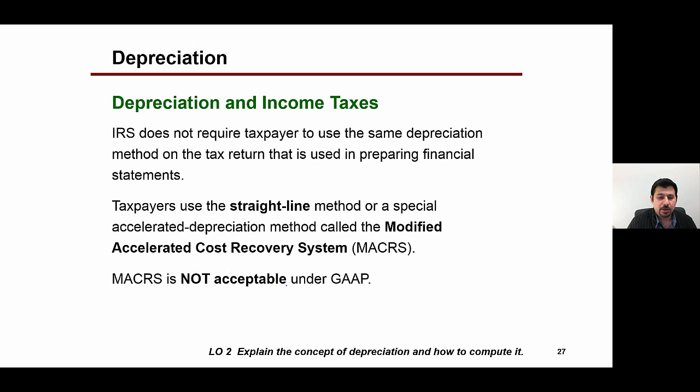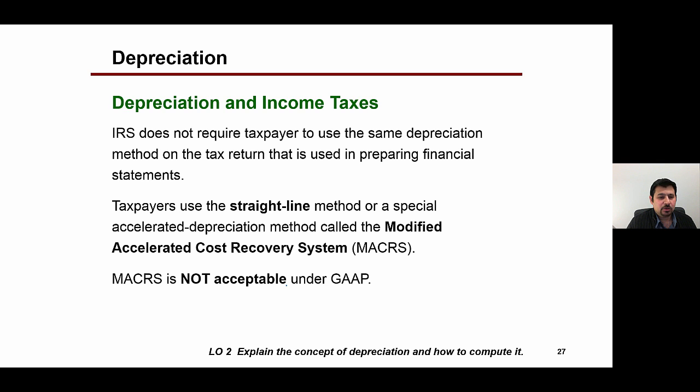The IRS does not require taxpayers to use the same method both for financial reporting as well as for income tax, basically for the depreciation that they use for their tax filings. And taxpayers usually use the straight line method or a special method called the modified accelerated cost recovery system, which is not acceptable under GAAP.